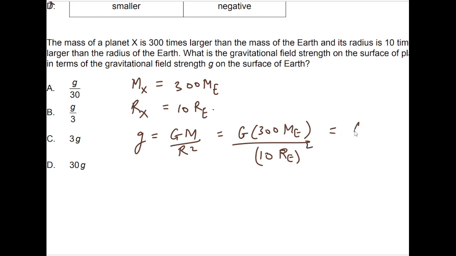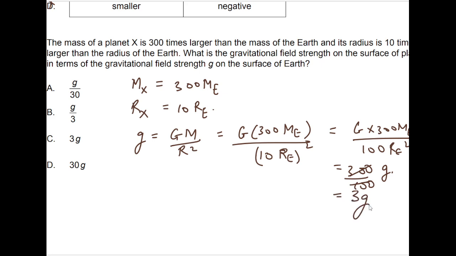So it becomes G into 300 into mass of Earth over 100 into radius of Earth squared. So this GM by R square is actually my gravitational field strength for the planet. If I just solve it out, it becomes 3g, which is C.